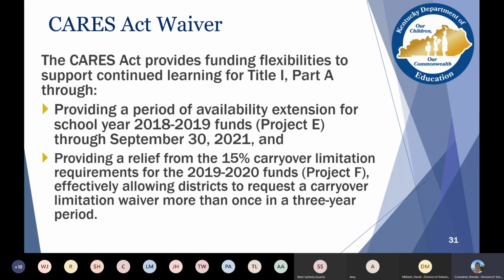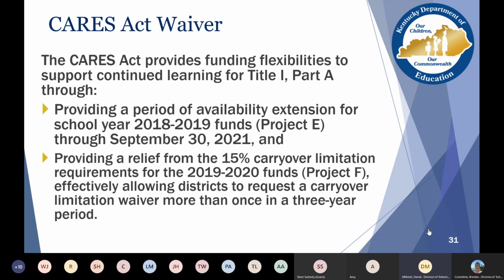David, how do they ask for a waiver? Essentially they would send an email to me that explains that they are requesting that waiver for whatever fiscal year it is, the reason for the excessive carryover amount, and their plan on spending those dollars out.